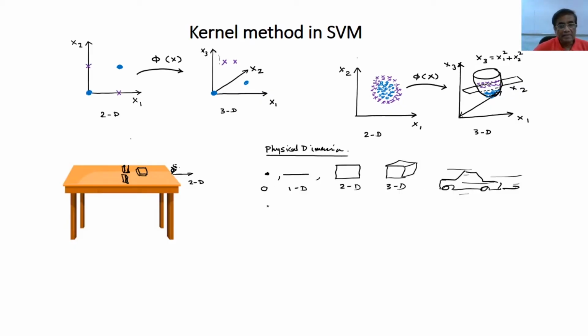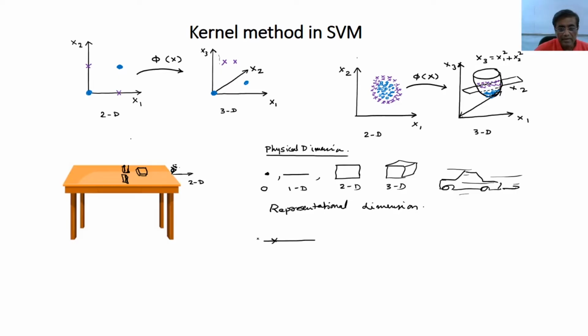But there is another kind of dimension which we are interested in, and I would like you to know the difference between them. That is called representational. I am calling them representational dimension. Here you see, say I would like to represent a point in 1D.